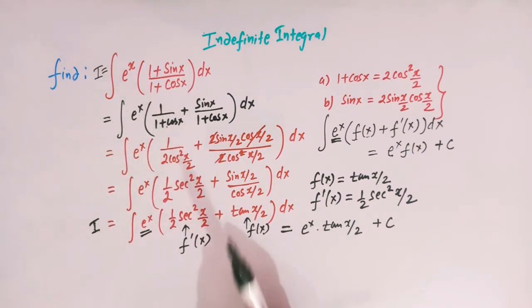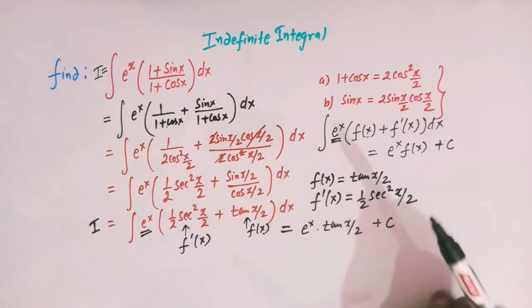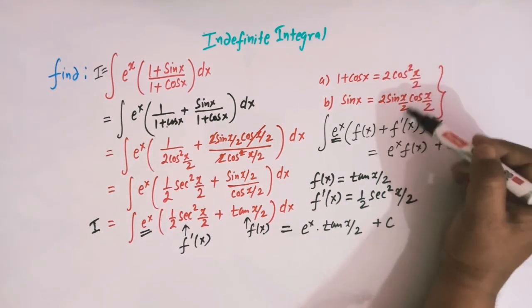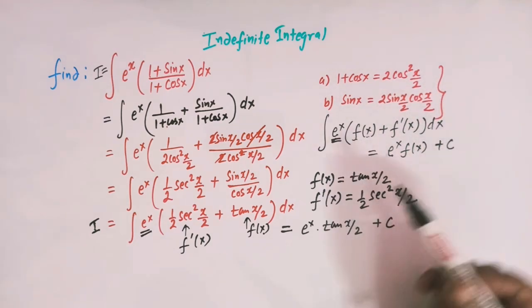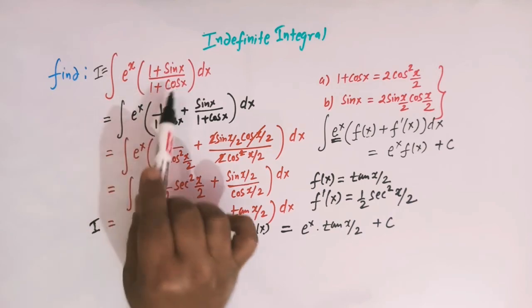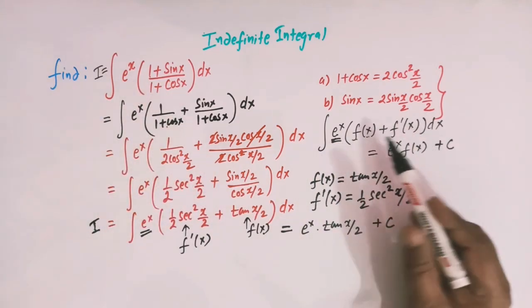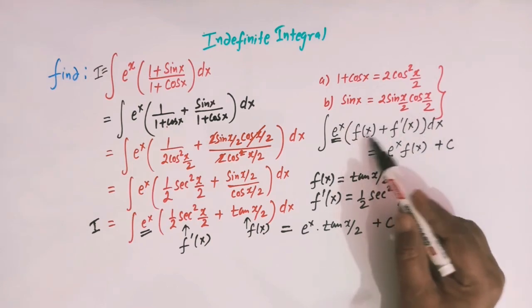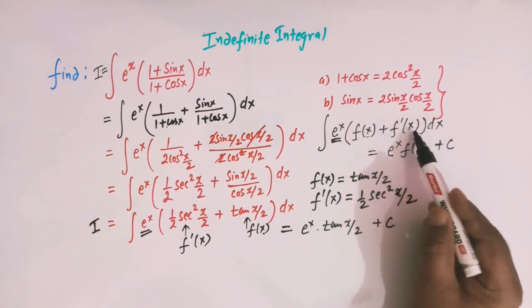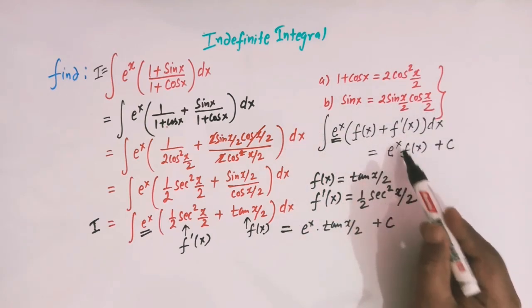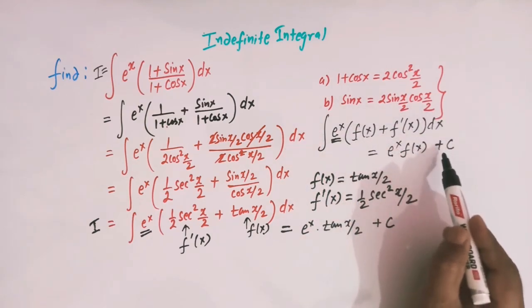The important thing about this integral is that we have to make use of these two important trigonometric identities, and moreover we have to reduce this integral to this form, that is the integral of e raised to x times the sum of a function and its derivative, which is equal to e raised to x f of x plus c.